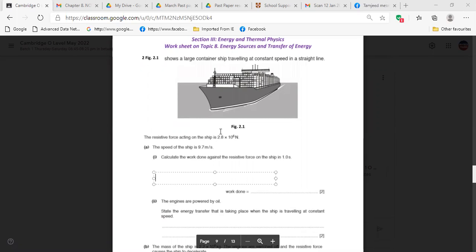Okay, let us write it, then we'll understand. 2, 7, right? 16. Four zeros.